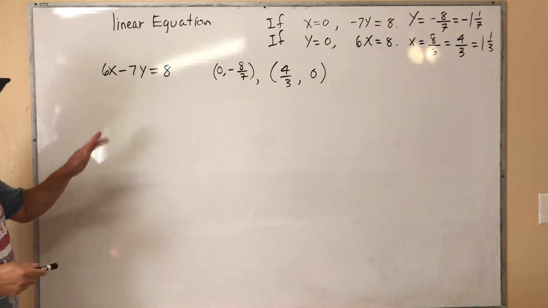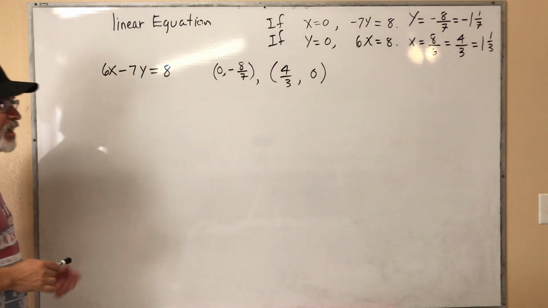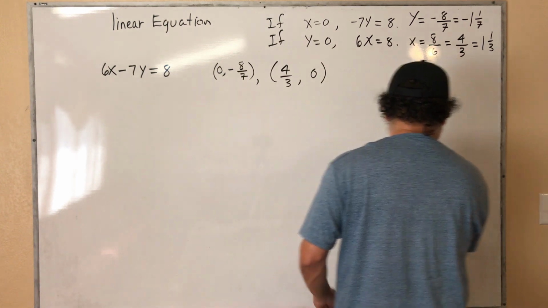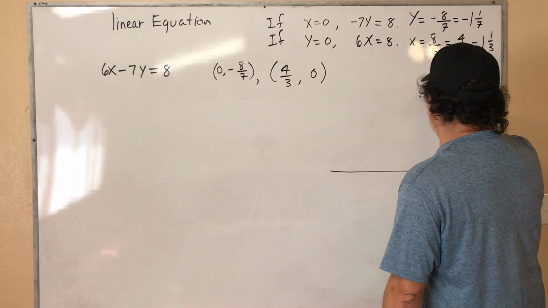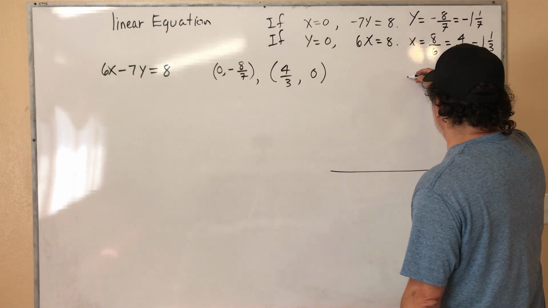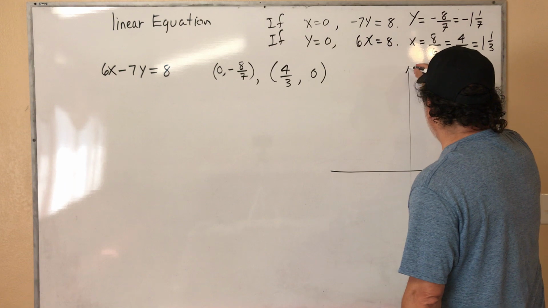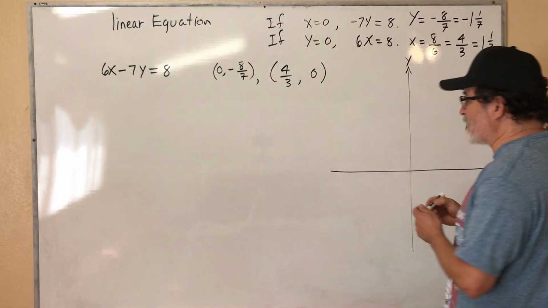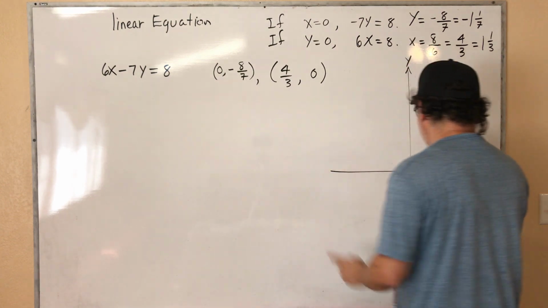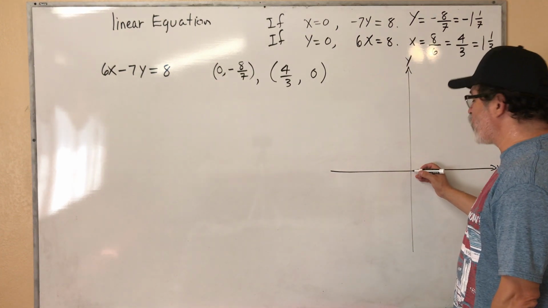We can graph these 2 points. So here is x, and this is y. We can graph the points: 0 for x, and negative 1 and 1/7 for y.